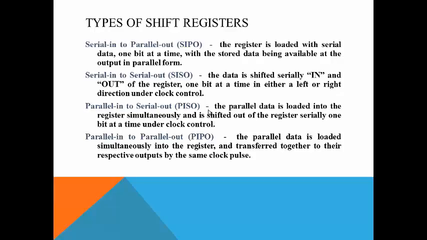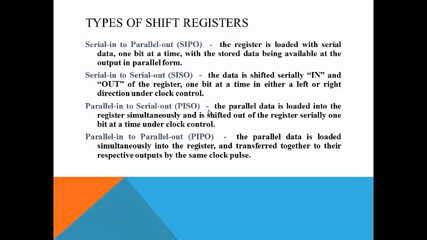Okay, that means serial in, parallel out means your input comes in serial but the output goes out in parallel, and then serial in, serial out means your input comes in serial and output also goes out in serial. And parallel in, serial out, you take all the data bits parallelly, but you output it one after the other.